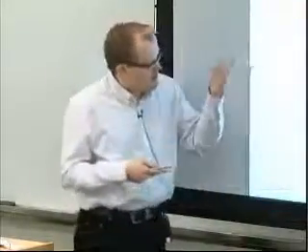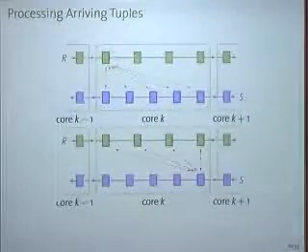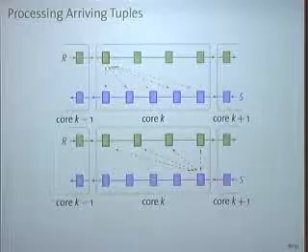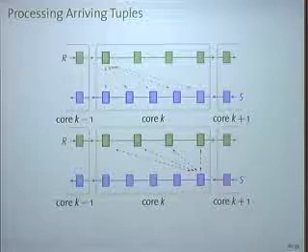But here, this simple example shows how you could do this in a simple nested loop join. When a new tuple on R comes in, you have to compare with every element here in the S window, assuming tuple-based windows for the sake of simplicity.